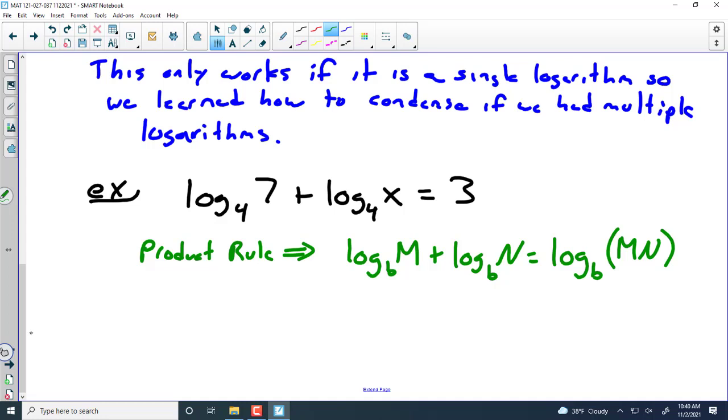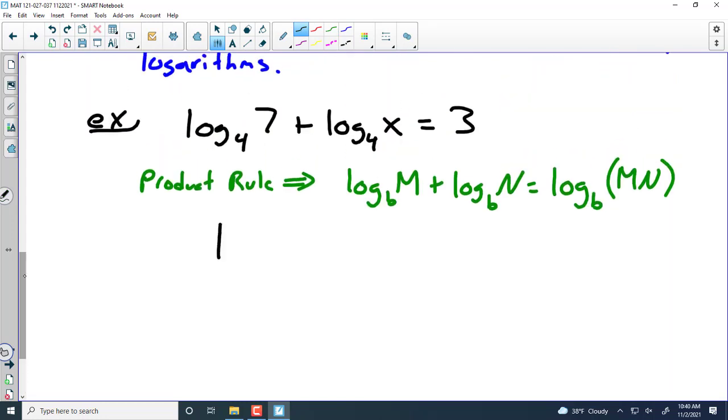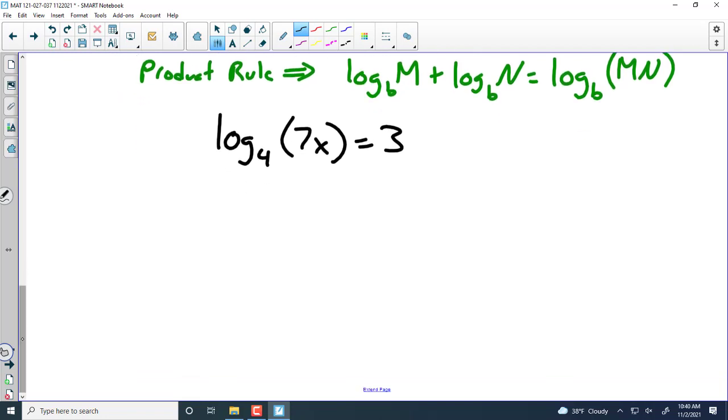And what that would allow us to do is to rewrite this as log base 4 of 7 times x equals 3. And then we know that the base is the base. So whatever the base in the logarithm is going to be the base in our exponential.